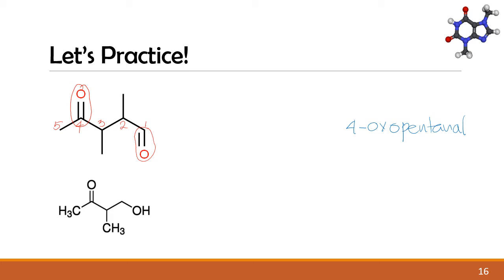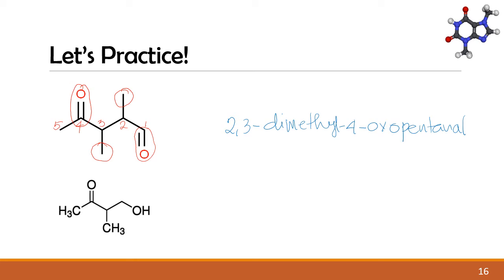There are 2 alkyl groups here, a methyl attached to carbon 2 and another methyl attached to carbon 3. So we write this as methyl, and since there are 2 of them, we use the prefix di and we indicate the carbon number to which they are attached, which are 2 and 3. So the full name of this compound is 2,3-dimethyl-4-oxopentanal.